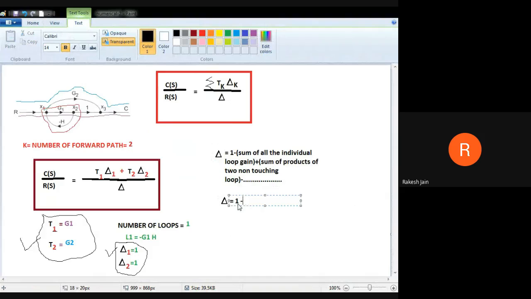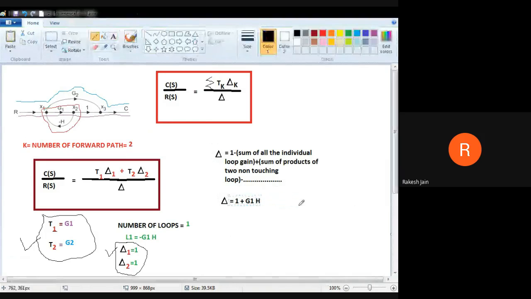Minus G1H, because the minus sign is already present, so it will be plus G1H, okay, 1 plus G1H. Plus sum of products of two non-touching loops, but here only one loop is there, so we cannot write anything. Next, so now this del I also found out.